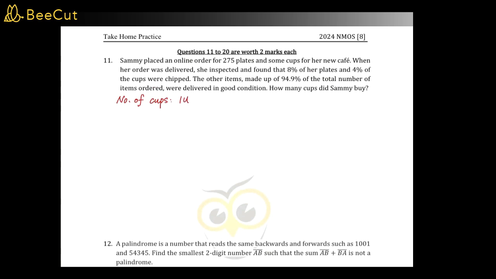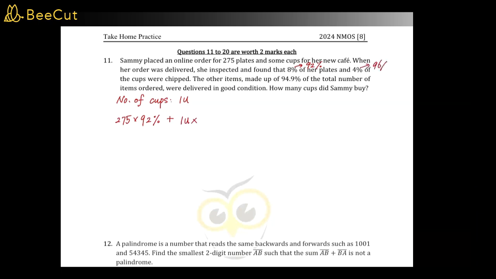Let's find the percentage of cups and plates in good condition. So for the plates, it will be the remaining 92%. This is 275 times 92%. Then for the cups, it is 1U times, so 4% were chipped.